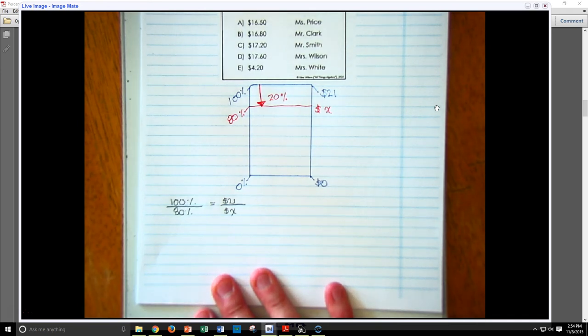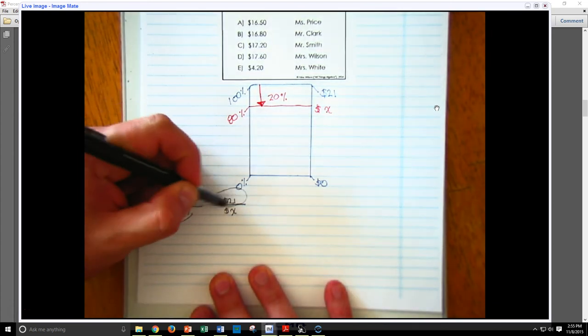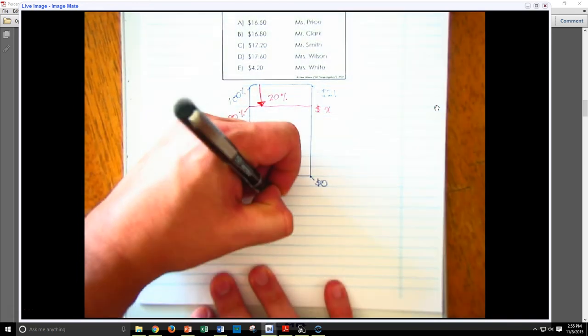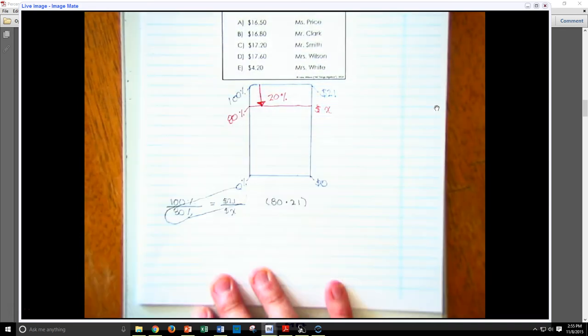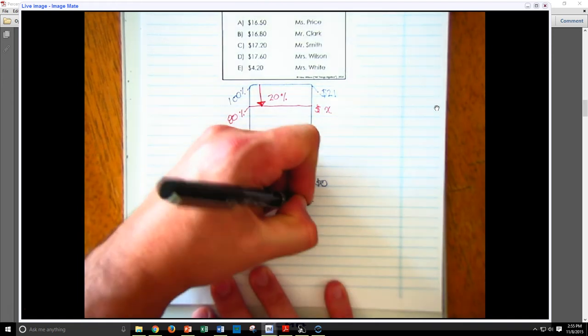Now what I need to do is go ahead and cross multiply and divide. What I'm going to do is show you a more correct algebraic way to solve this. So cross multiplying still happens. I'm going to have 80 times 21. So over here on the right, I'll go ahead and put in parentheses 80 times 21. But since this is a proportion, that means these two things are still equal. So what is it equal to?